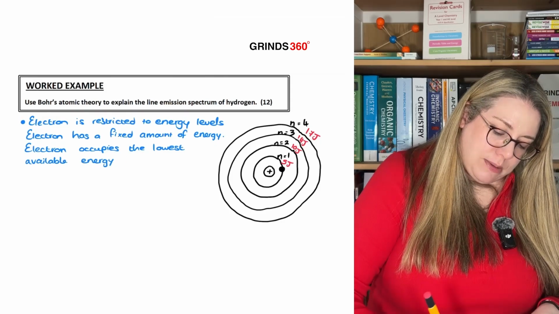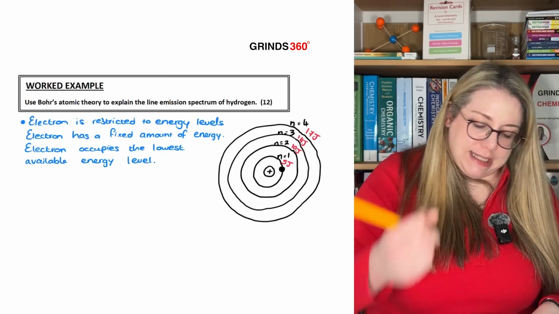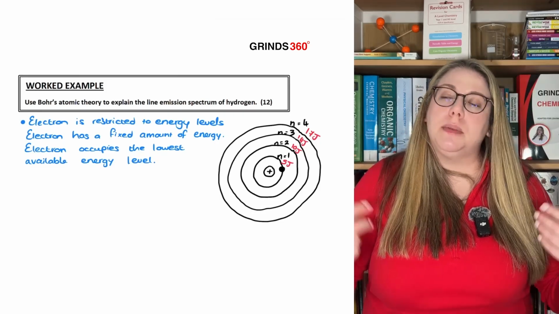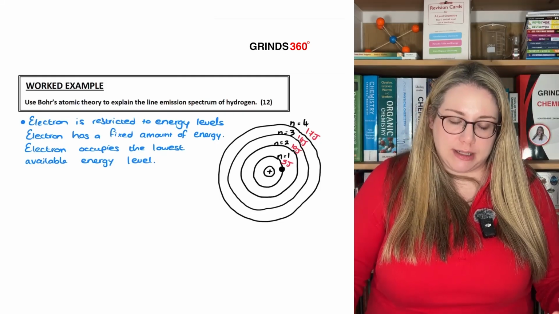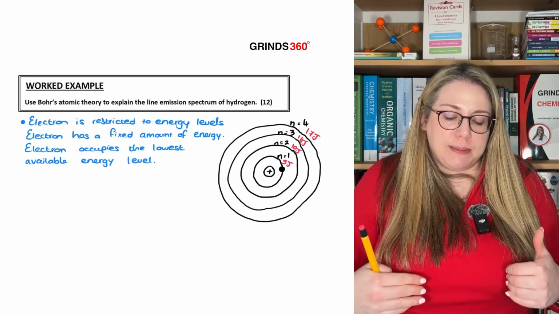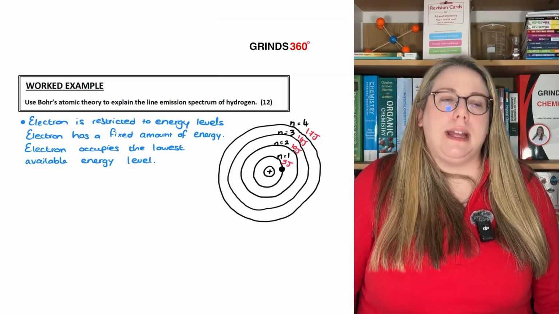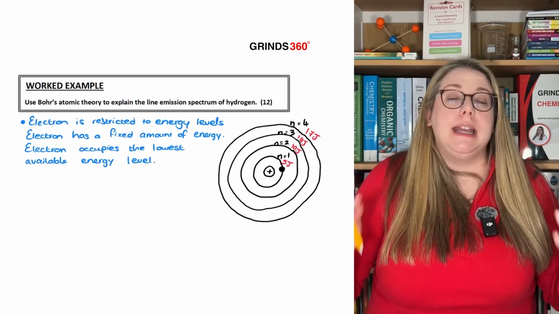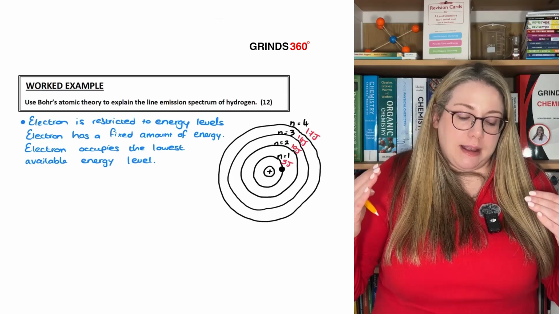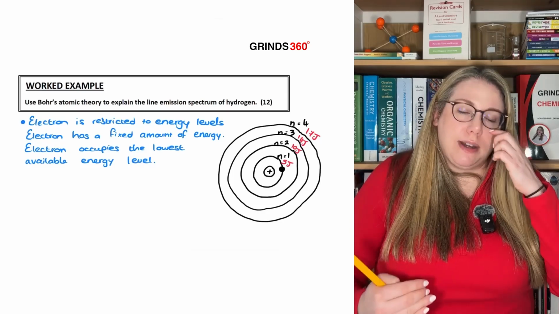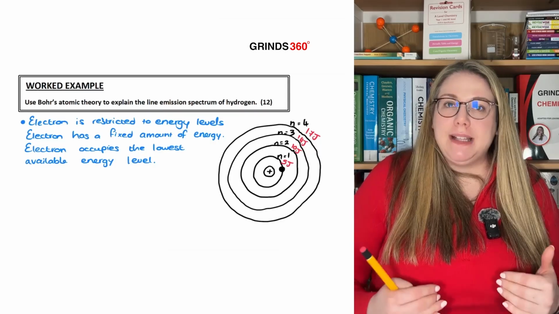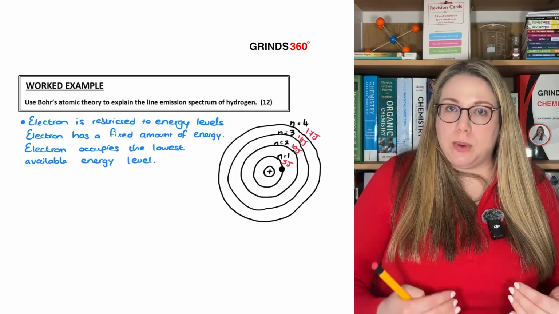Now, when I go through this with my 6th years, I covered it with them in 5th year, but I do it again in 6th year when it makes more sense to them. They do that first bullet point and go, oh my God, that's overkill. Do I really have to include all of that? Yes. The worked example answer that I have written in your notes is written based on the previous mark schemes for this question.